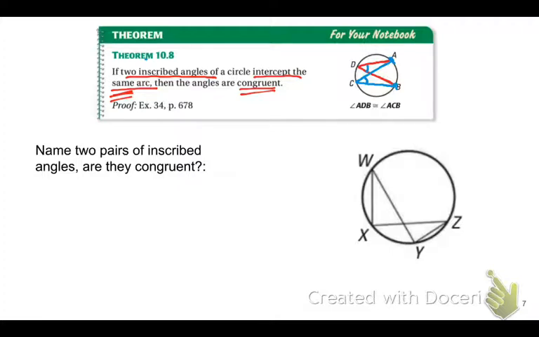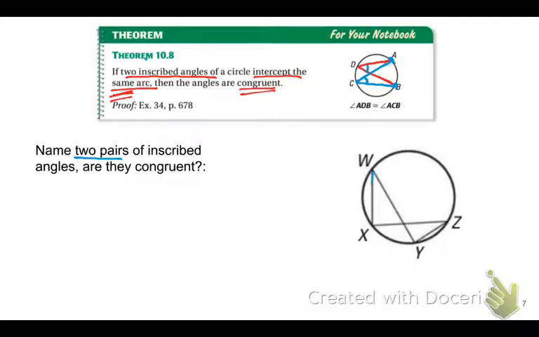So let's look at this example down here. Name 2 pairs of inscribed angles and tell whether or not they are congruent. So this is where you can get a little trapped, if you're not used to looking at inscribed angles. So let's look for our first pair.